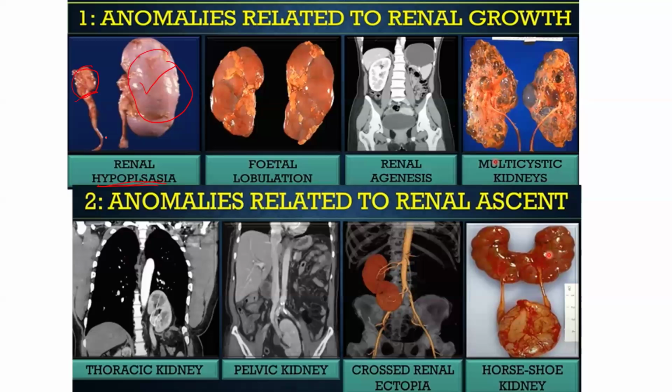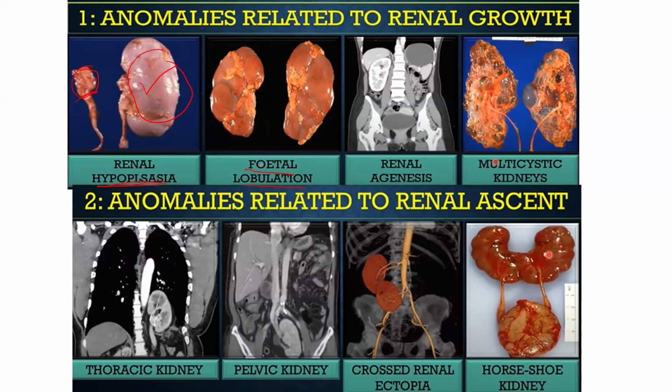So under-proliferation of the metanephric blastema. Now this is normal: the fetal kidney usually has lobules. That's normal.